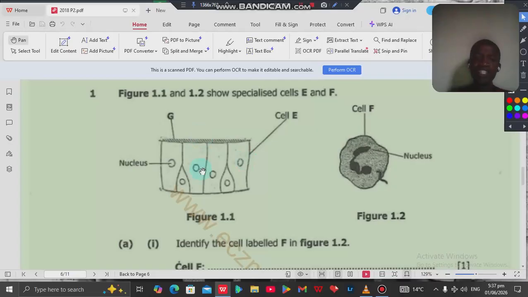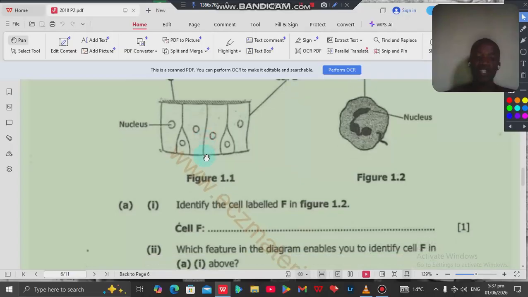And its location in the body, it is found in the nasal cavity of the respiratory tract. Okay, and its job is simple: to sweep out the mucus containing dust particles. That's the function of this one. And then it's also found in the female oviduct, and it helps to move the egg towards the uterus.